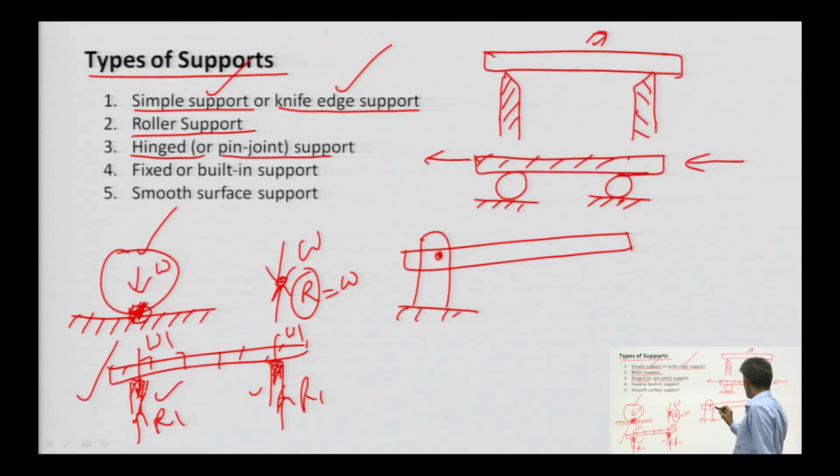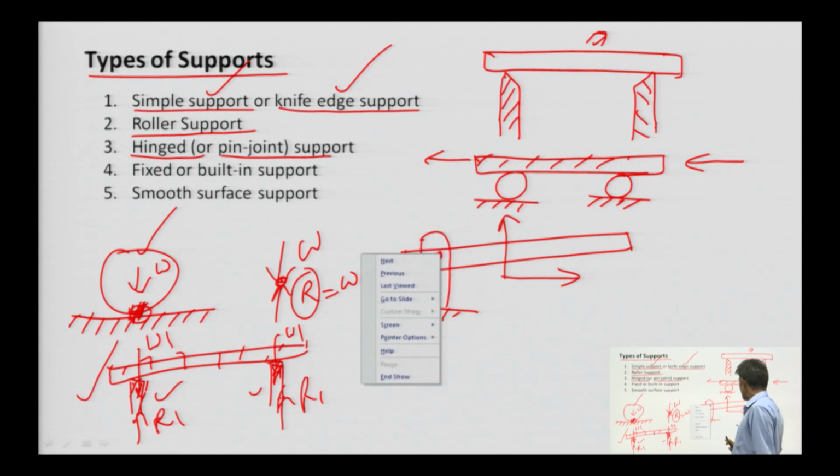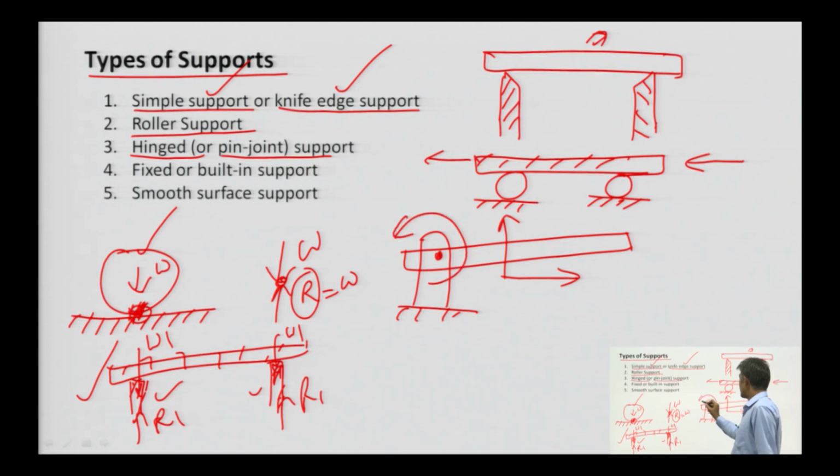This bar cannot be displaced in this direction, nor in this direction, but this bar is free to rotate at this point. So this is the hinge support. In our door, the door is rotating at this surface, and that is why it is hinged.